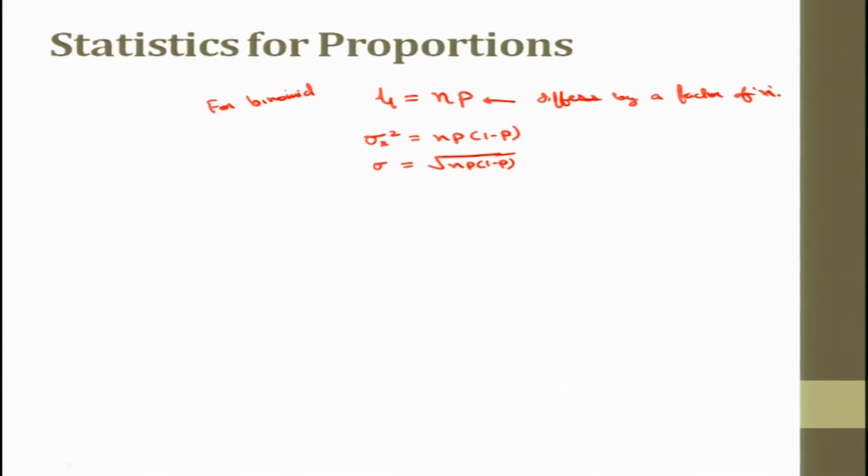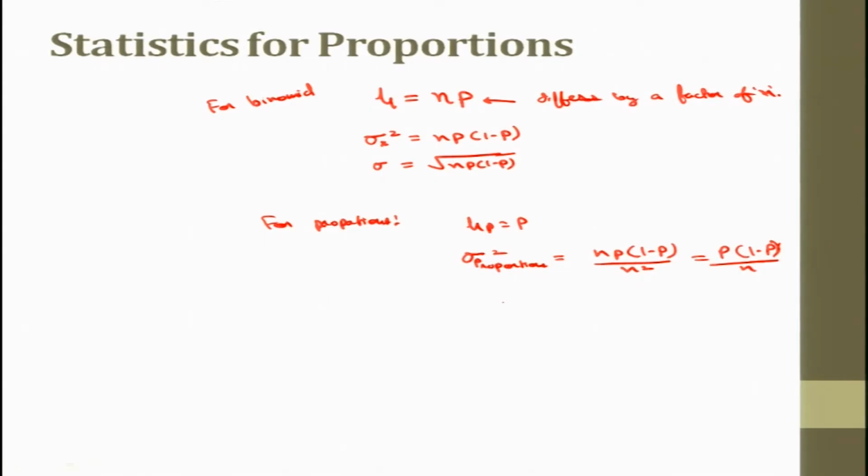And for proportions, the mean mu p is equal to p only, and this is for proportions, not for the population. The variance for proportions is equal to n p into 1 minus p by n square, which can be put as p into 1 minus p by n.